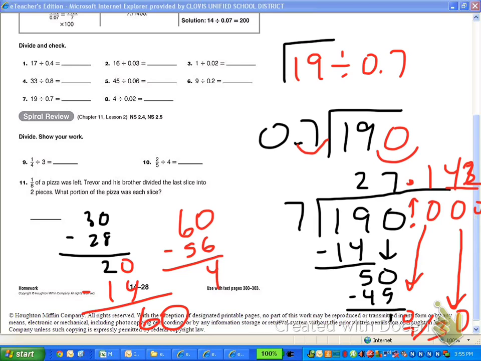This one looks like it's going to keep on going. We don't want to go out too far. We usually want to go out 2 numbers past the decimal. So hopefully if they watch this video, they'll know that number 7 will be 27.14.